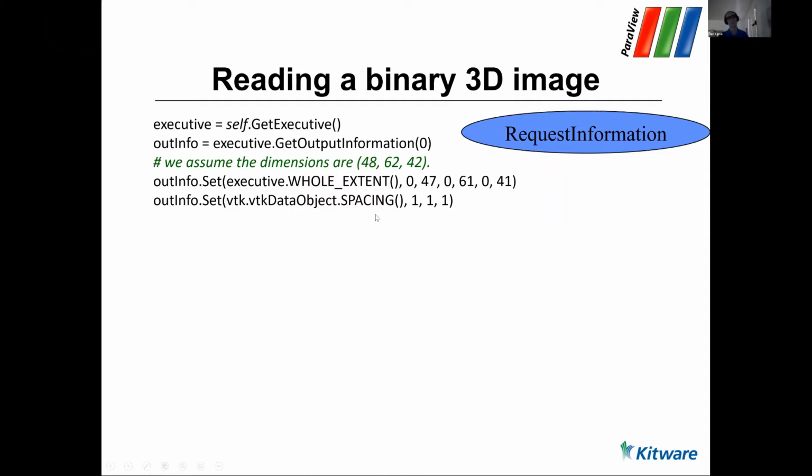I think in here it's 0, so we don't specify that. But in general case, you have to specify that as well. So you do that by using these information objects. So you set the whole extent to be this one, and you set the spacing to be this one.